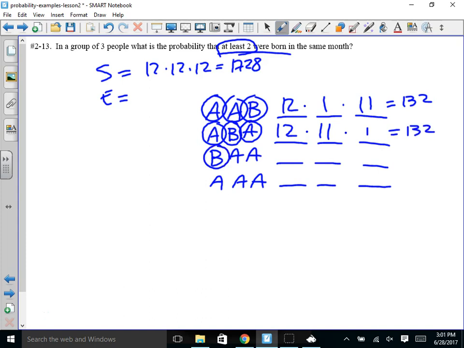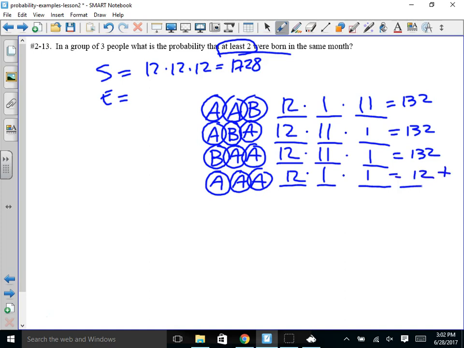Here we would have 12 months for person B. This has to be different, so 11 months left, and this one would have to match the second person's month. Only one way to do that, so it would be 132. And here, there would be 12 ways to pick the month for the first person, but the second person would have to be the same month, only one way that can happen, and the third person would have to be the same month, only one way that can happen, so that would be 12.